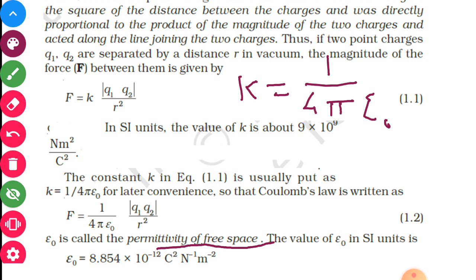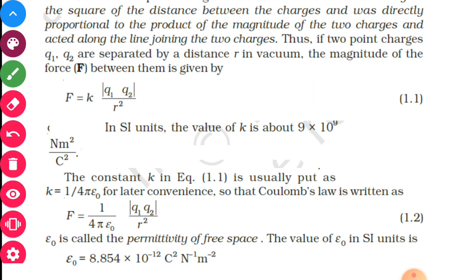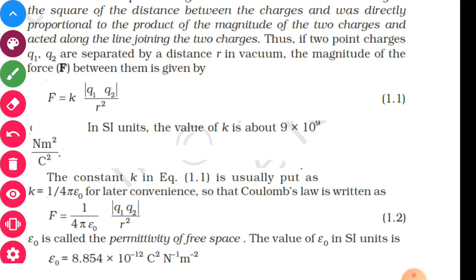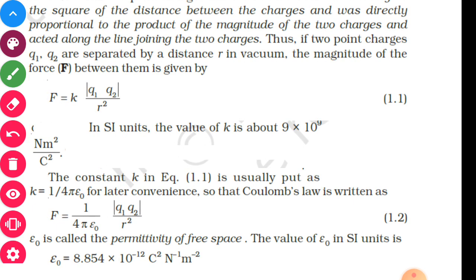If you replace k by 1 / (4π ε₀), then the magnitude of the force is F = (1 / 4π ε₀) q1 q2 / r². Here ε₀ is called the permittivity of free space, and its value is 8.854 × 10^-12. Its SI unit is the inverse of the unit of k, because k and ε₀ are inverses of each other, so it becomes coulomb squared per Newton meter squared.